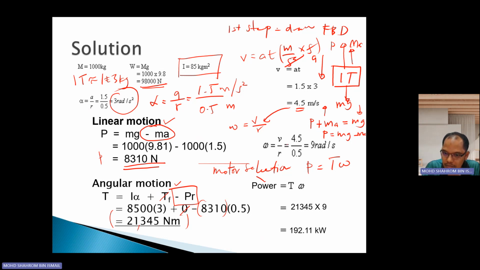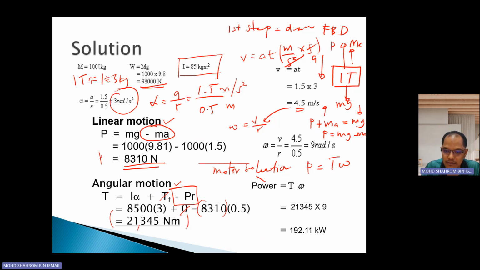Then you manage to get the omega to be 9 radian per second. Omega is the velocity of the angular motion. Alpha is the acceleration of the angular motion. Two different things and two different quantities. So you need to be very careful on that.